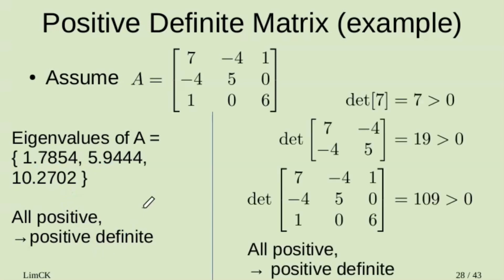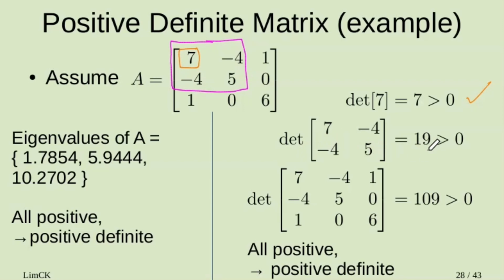The second way is, as I mentioned just now, we start from this corner, 7. The determinant of 7, of course, is 7 itself, greater than 0. Fine. Second, we expand the triangle to this one. We find the determinant of this one, 7, 4, negative 4, negative 4, 5.